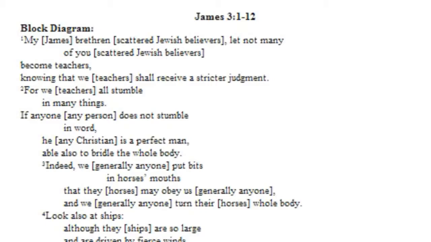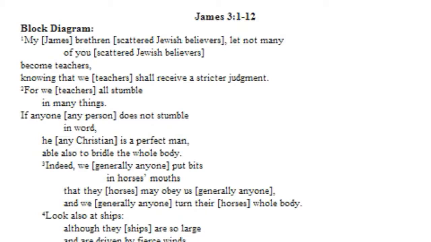All right, so you see how we say that if anyone, and the anyone is anyone, so I put that in brackets, does not stumble. Now what he's getting into is really this idea of the stumbling. And what you're seeing now, and this probably should have been indented to the stumbling above, is that he's going to get into a new thing where the main section is going to be on the tongue, and he's going to speak of the speaking process.